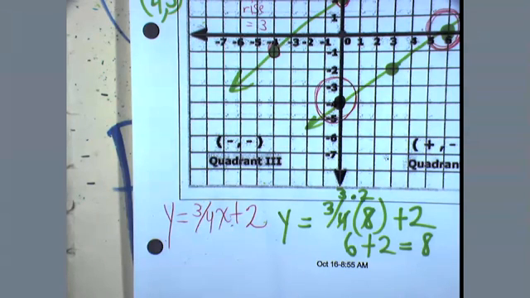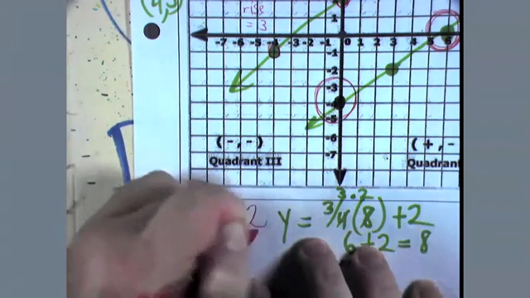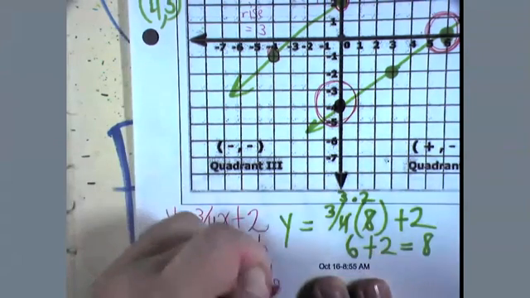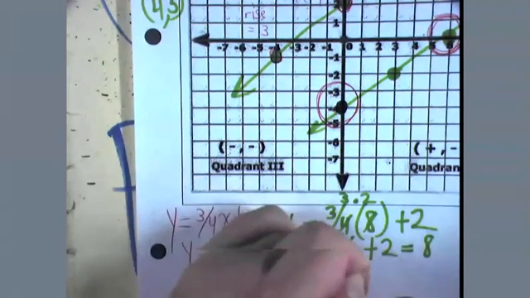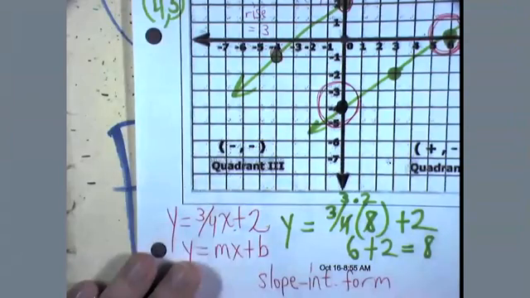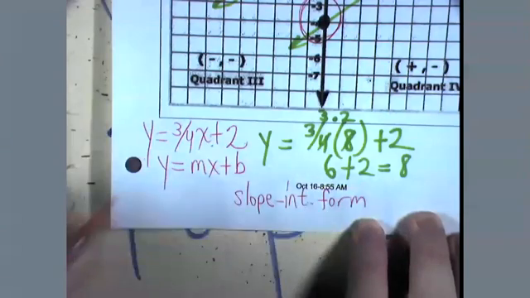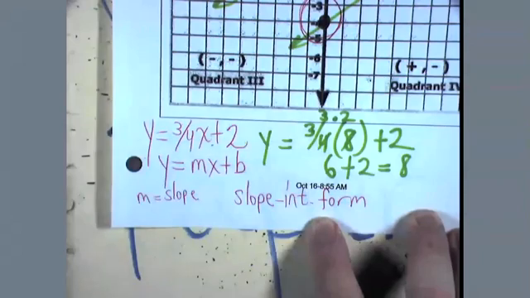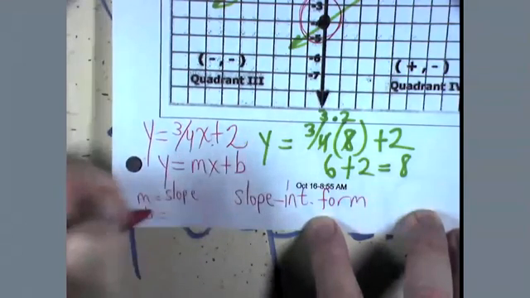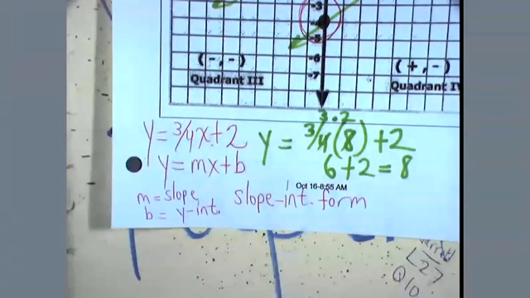This type of equation is in what's called slope-intercept form, where M is your slope, and B is the y-intercept. Well, let's see if that came out to be true.